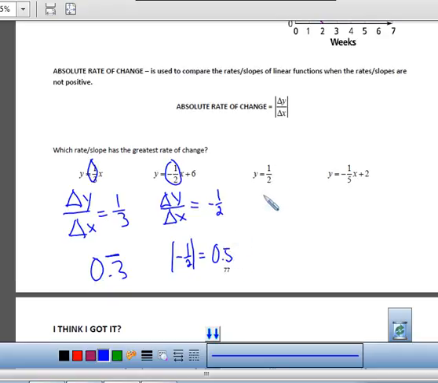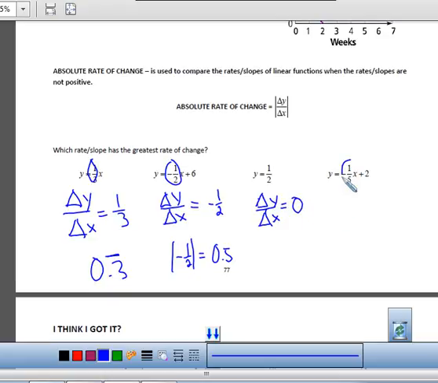The next one, y equals 1/2. What is the rate of change for this? And that's actually kind of a trick question. There is no number in front of the x value, in front of the input. So m, or the change in y over the change in x, is 0. Not undefined, 0.